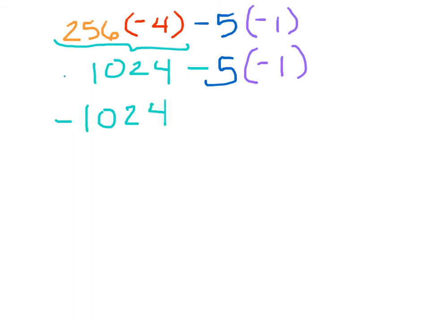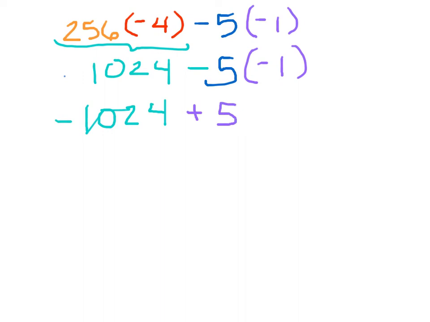All right, so I can do this one of two ways, guys. I could say I have -5 times -1, in which case the signs are the same, right? So my answer is positive, and 5 times 1 is 5, and I can write this as a +5.